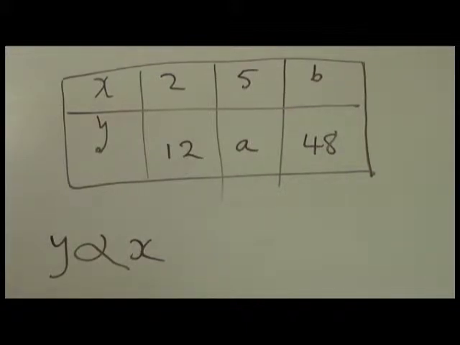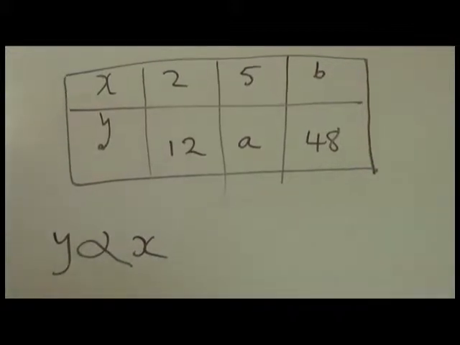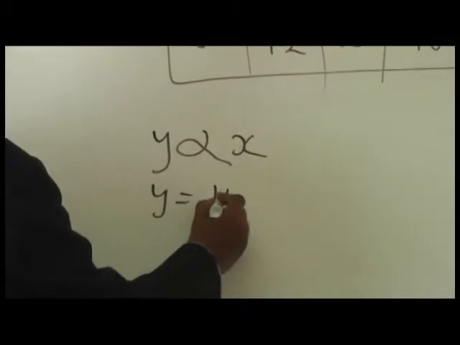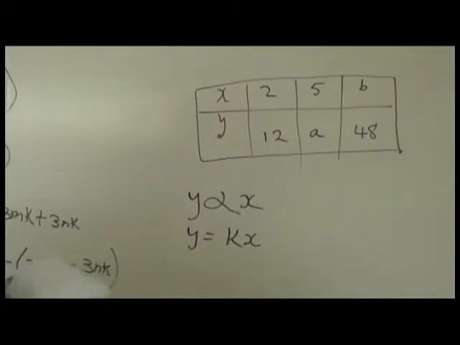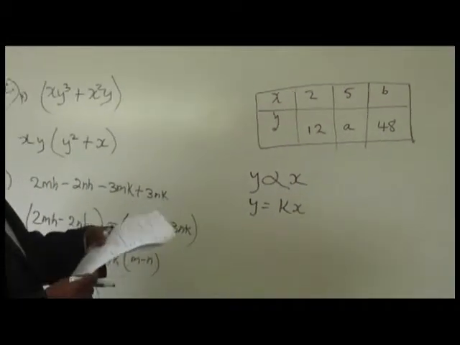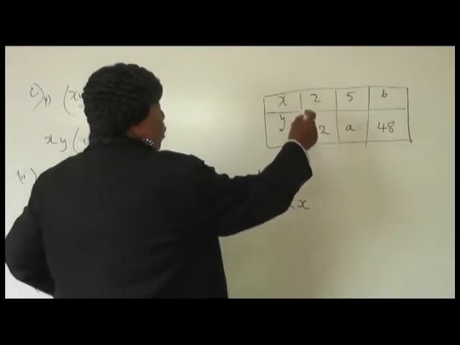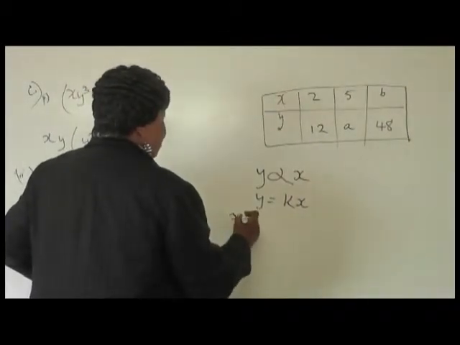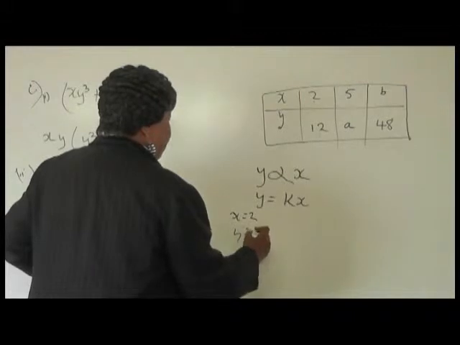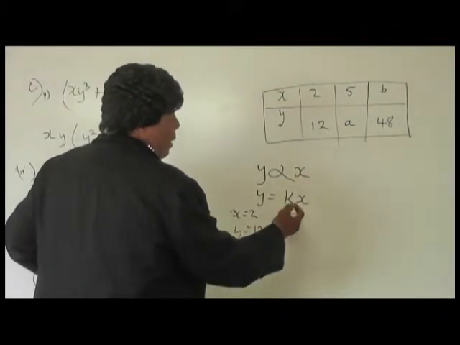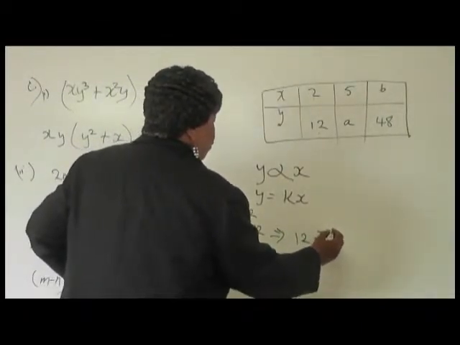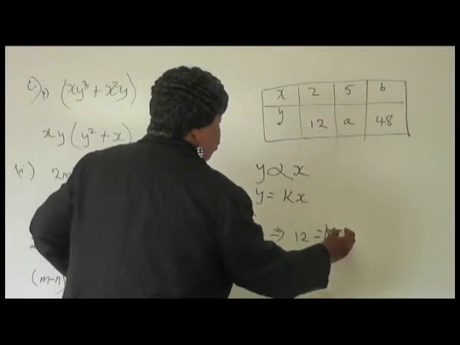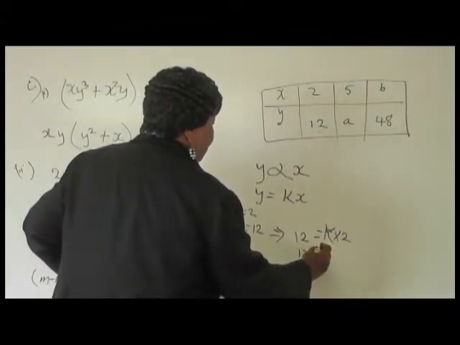So, first of all, we want to get the equation. Very directly, we write y is equal to kx. And we have to find the value of k to see which member of this family we're dealing with. We have here 2 with 12. So when x is equal to 2 and y is equal to 12, because we're trying to get a value for k, 12 would be equal to k times 2, so 12 is equal to 2k.